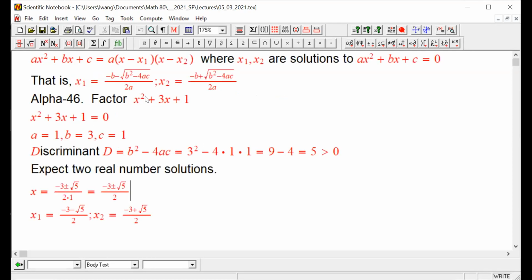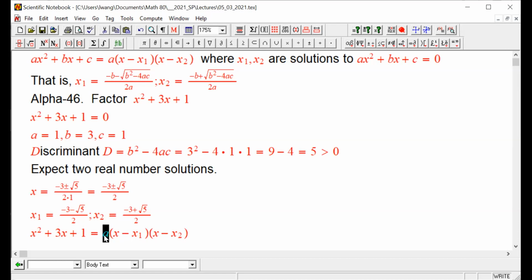So to factor this, you will first solve the quadratic equation. You make the if statement, and then you solve that quadratic equation. You get these two solutions, and then your factorization would be like this: a times x minus x sub 1, x minus x sub 2.